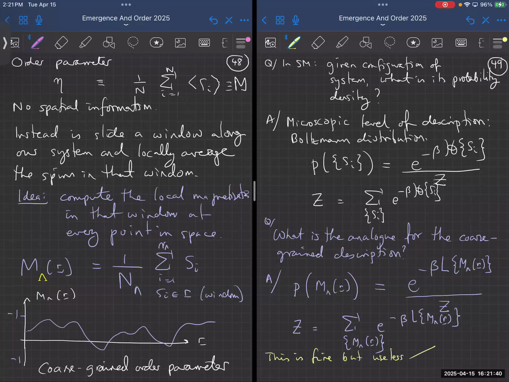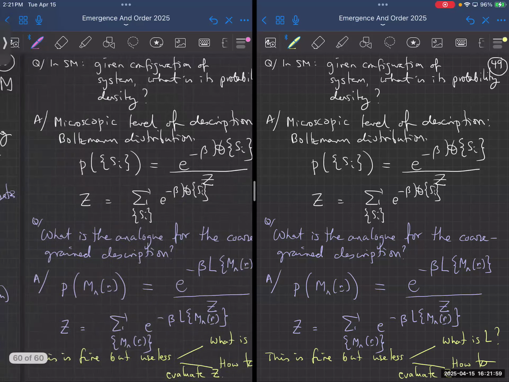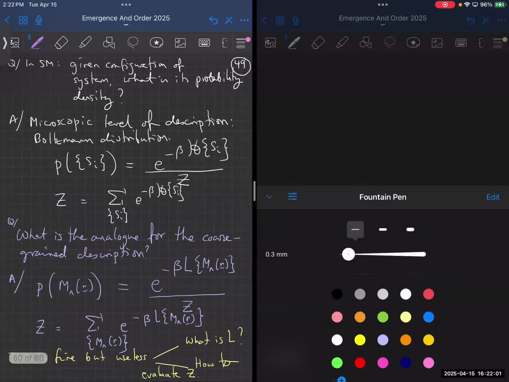Why is it useless? Well, we don't know what L is, and we don't know how to evaluate the partition function. So now we're going to talk about how to solve those problems.